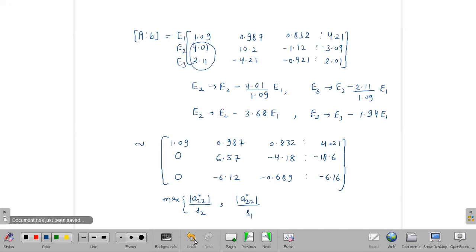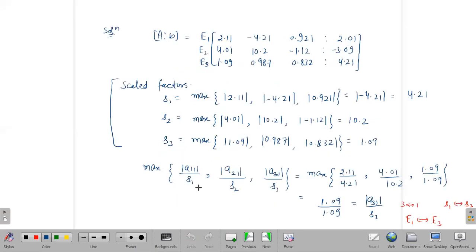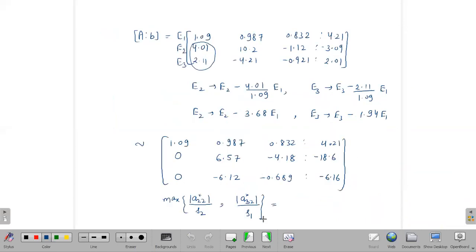Now S3 has become S1, because 1.09 has become 4.21, so here you write S1 only. Don't write S3. So the maximum of 6.57 divided by S2, which is 10.2, and minus 6.12 divided by S1, which is 4.21.